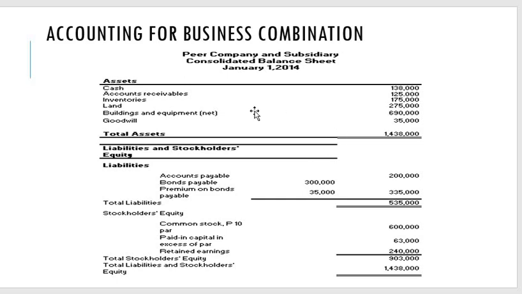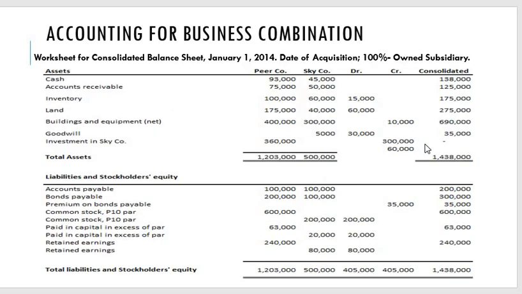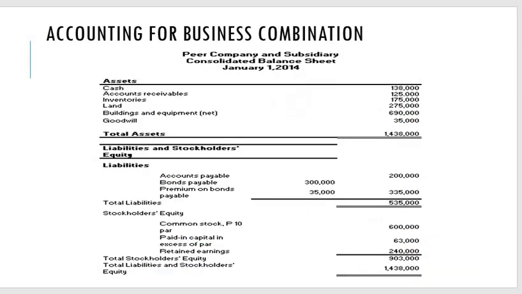That's 1,438,000 total assets, which is the same as your worksheet. And then also we have total liabilities and shareholders' equity of 1,438,000. So for the balance sheet, you just refer to the worksheet, particularly the consolidated column.